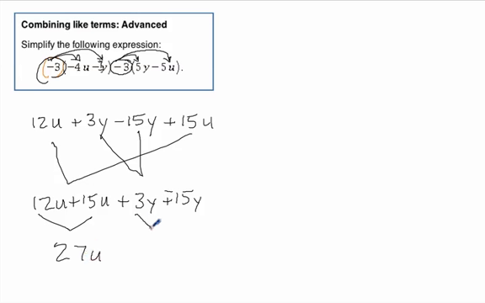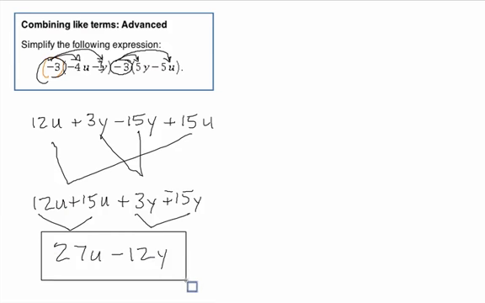And then we have a positive 3y plus a negative 15y. That makes a negative 12y. And you can write it like this, or you could write it as plus a negative 12y. Both are the same. They're both correct. And there's our final answer.